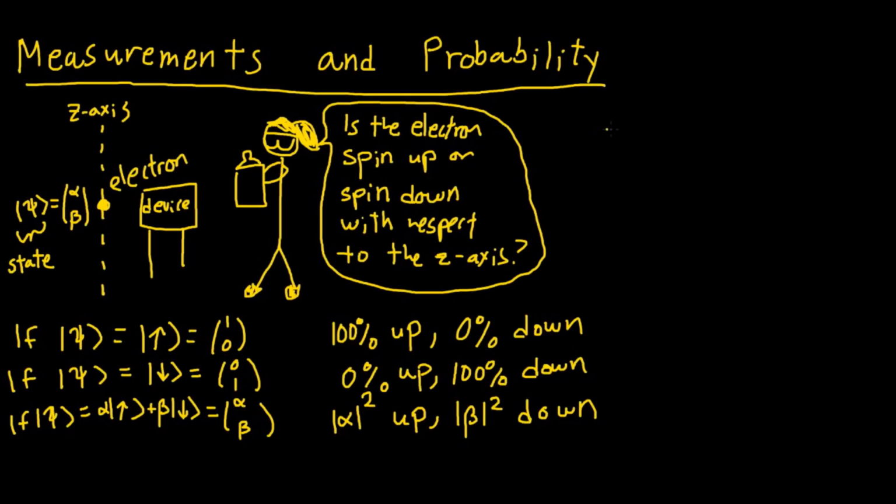Now, notice that the probability that the electron is spin up plus the probability that the electron is spin down has to be equal to 1. And that's because there's only two possible outcomes.